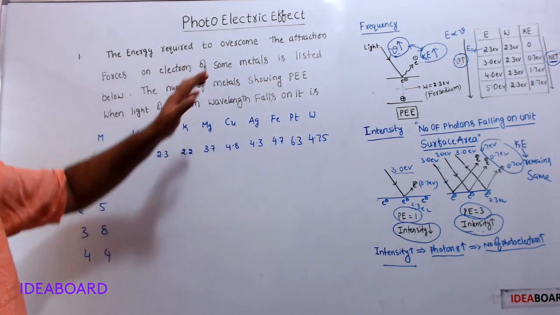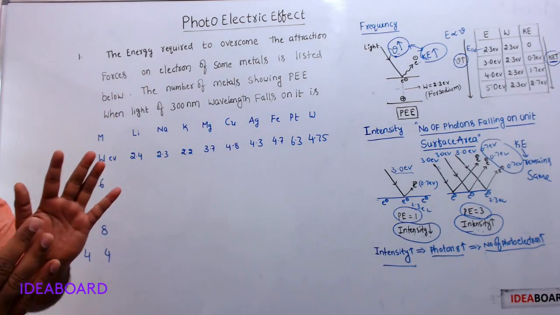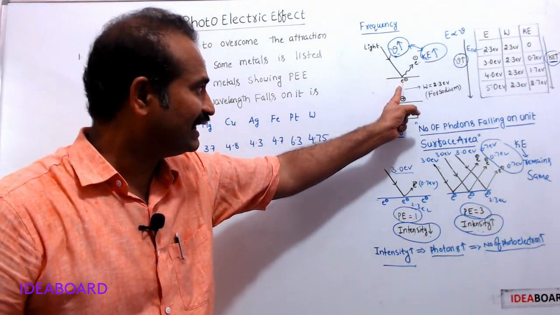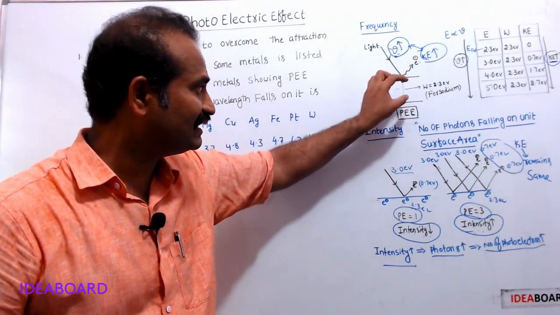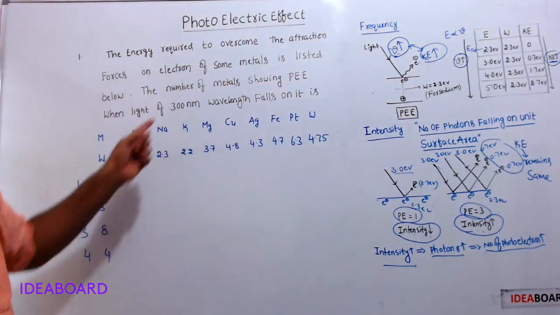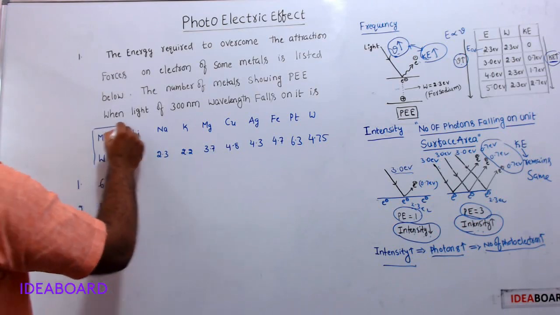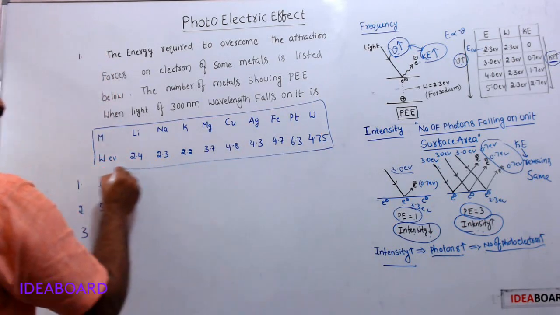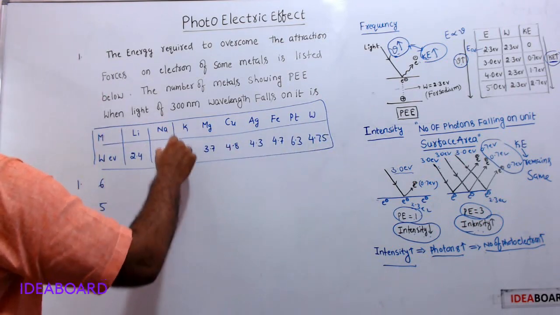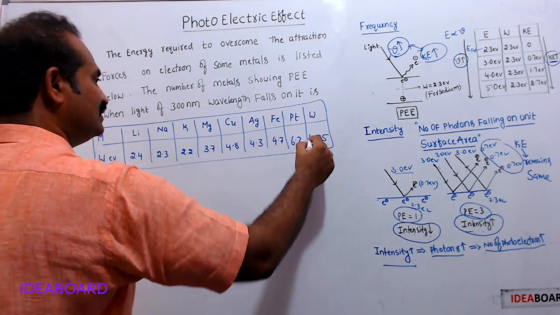The energy required to overcome the attraction forces on an electron is nothing but the work function. The work function for a few metals is given in this table.